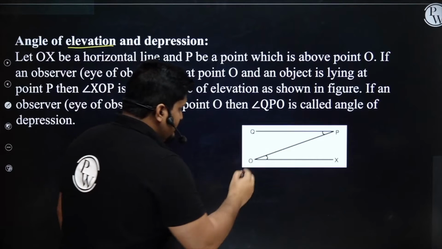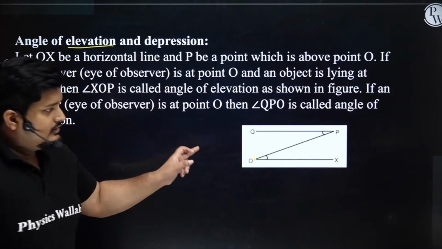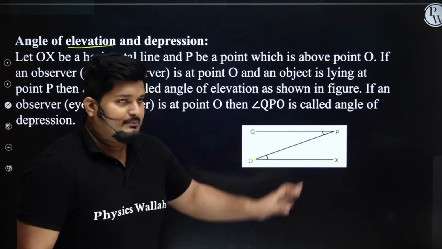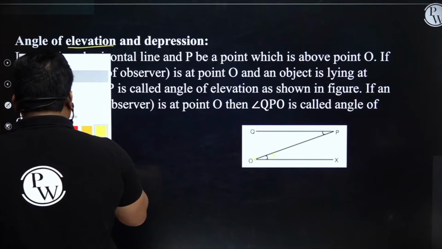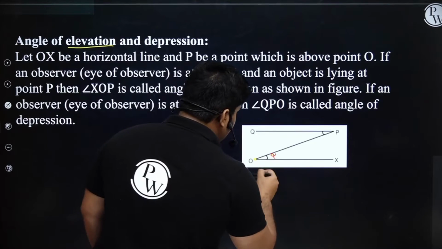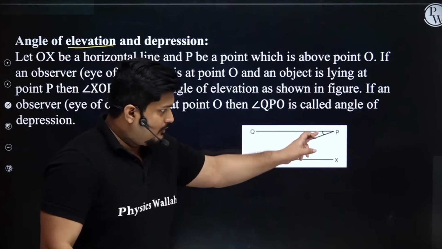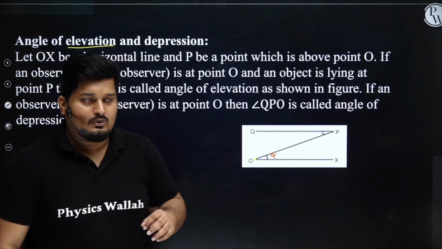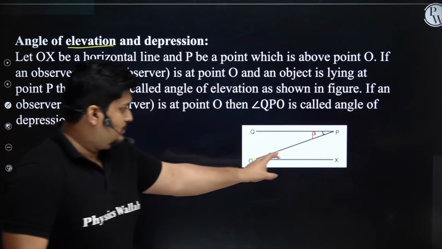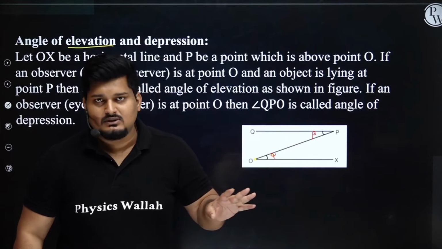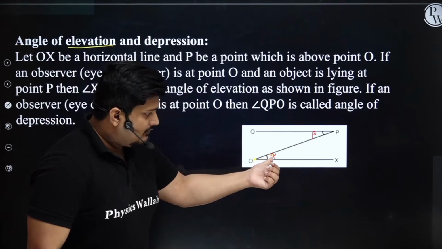Suppose this is the source O and you are looking at some point P. From point O, if you are looking at point P, this angle alpha will be the angle of elevation.